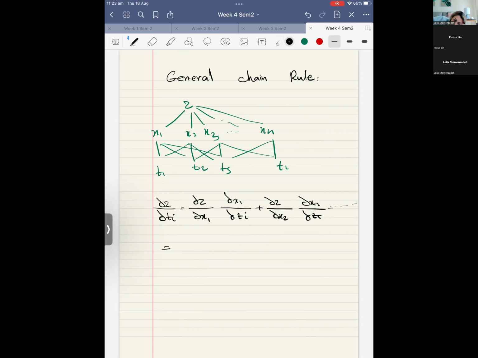It means it equals the summation from j equals 1 to n of ∂z/∂xj ∂xj/∂ti. Okay, now some more examples.